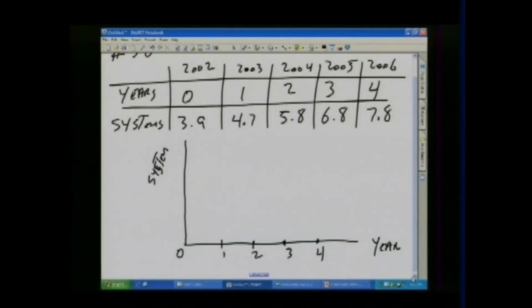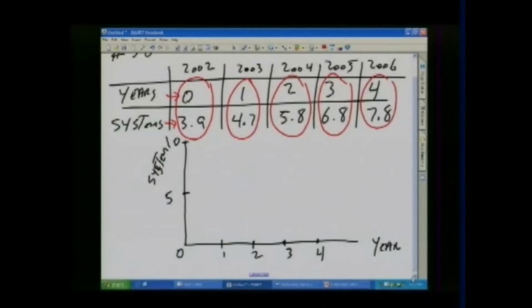Let's say we got 5 million and 10 million. Any pair of these numbers would give you 1 point on this graph. This is like the x coordinate, and this is the y coordinate. Same thing here, here, here, and here. Each pair would give you 1 point.